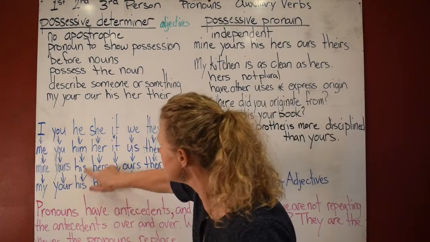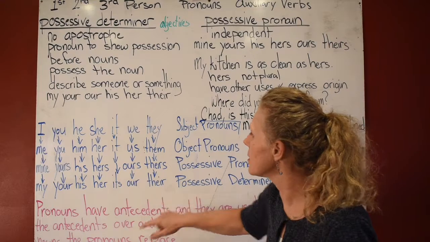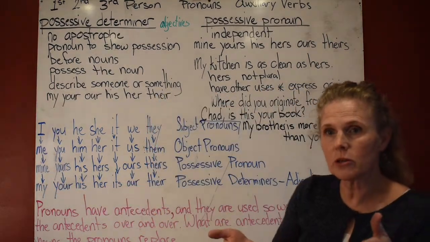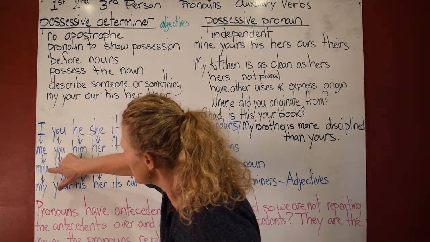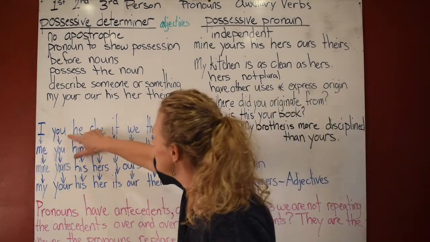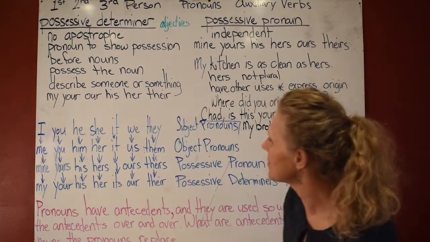And his is the only one that looks exactly the same with no plural S, and then this one changes from mine and my. I want you to really look right here. Look at this, boys. I, me, mine, and my. These go together. You, yours, and your. Okay?